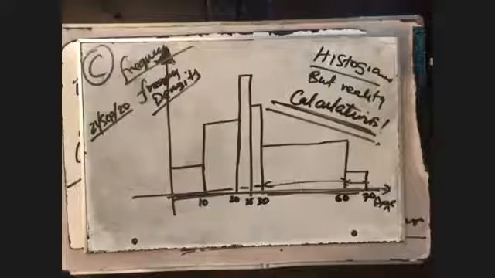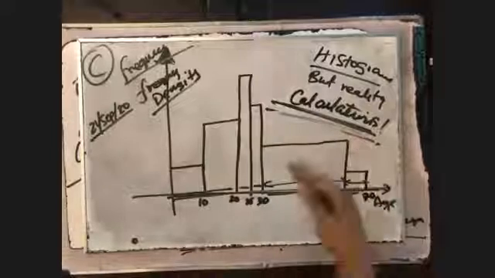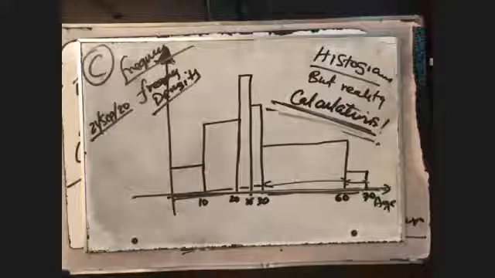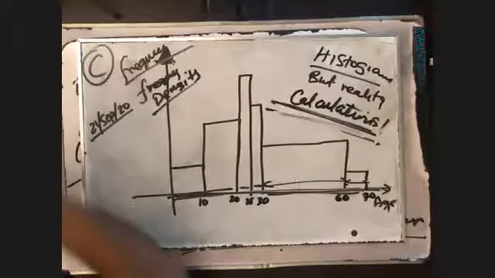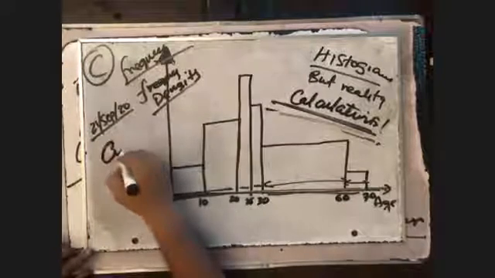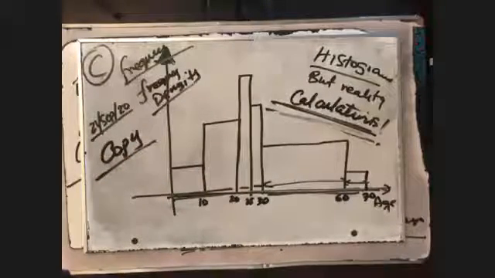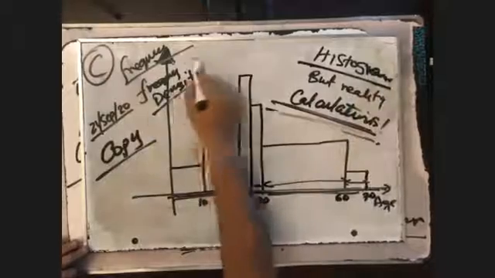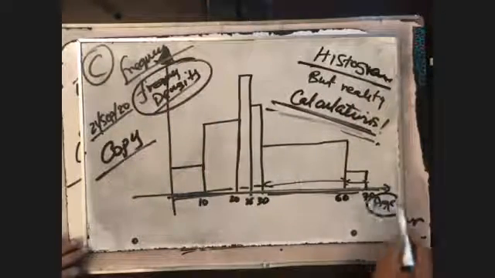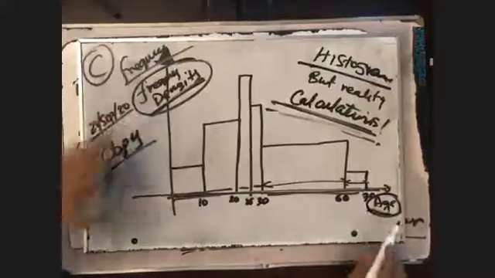So we understand that the calculations will come later as the level 3 of this topic. But right now, please copy this. This is called a histogram, but it's called a frequency density graph. Frequency density on the y-axis and age. I'll teach you as you go ahead.